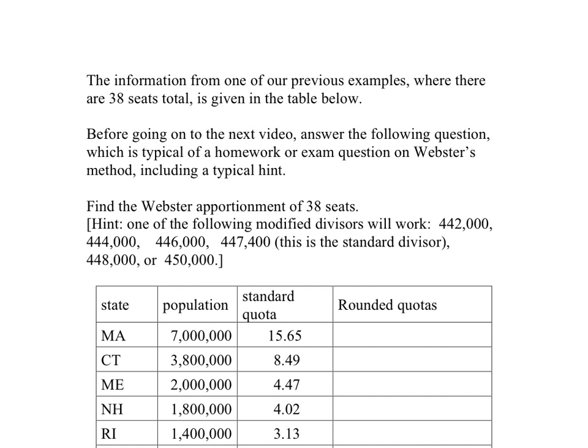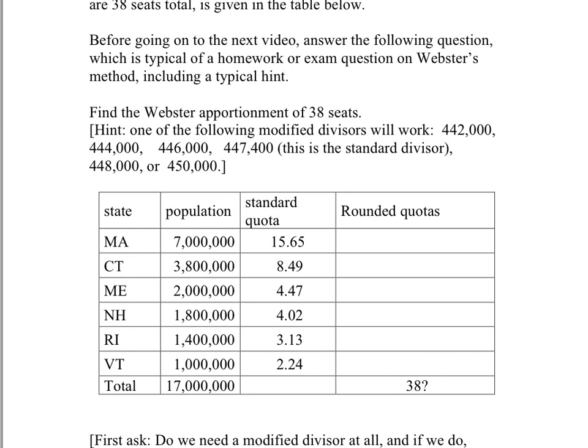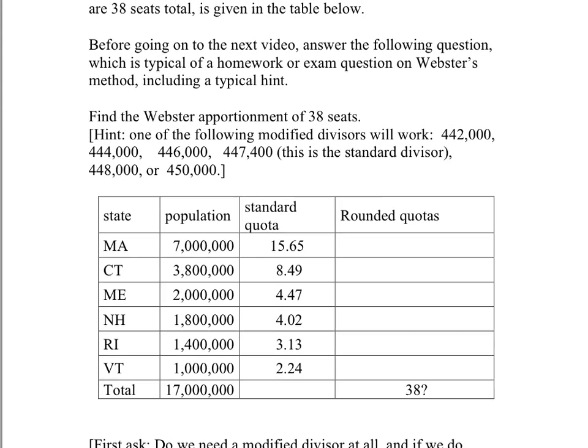So now we're going to look again at one of our previous examples based on 38 seats and populations given in this table. Before going on to the next video, answer the following question, which is typical of a homework or exam question on Webster's method, including a typical hint. The question is, find the Webster apportionment of 38 seats given the information in this table.